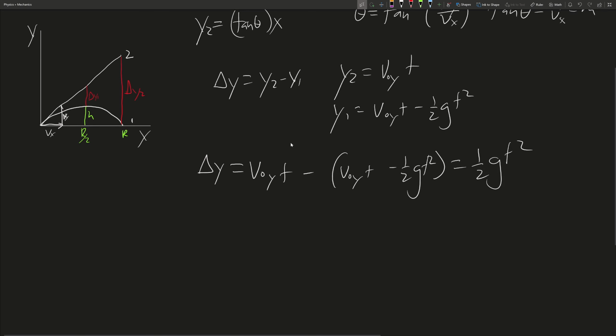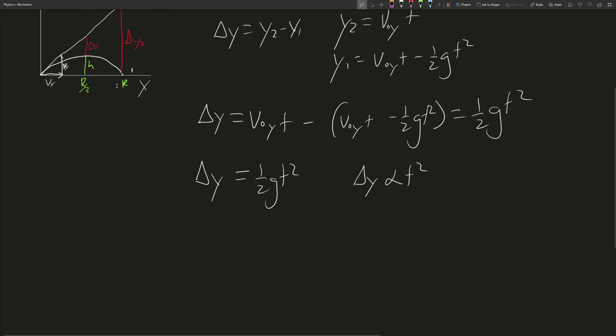An important thing we can notice from this is that the change in y here, or the difference in height, is, first of all, equal to 1/2 g t squared. If you look at it, change in y is proportional to time squared. And since the x velocity is constant, we know that the x position for both of these is going to be equal to v0x times time.